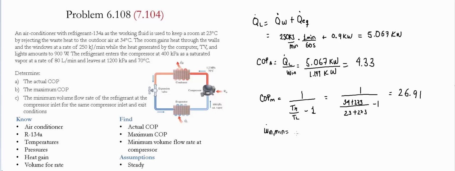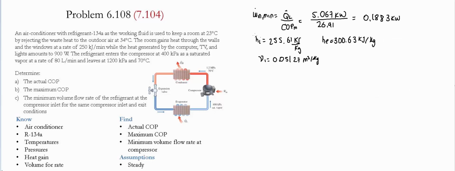So we evaluate it as Q dot L divided by the maximum coefficient of performance: 5.067 kilowatts divided by 26.91, and we find that the minimum power required is equal to 0.1883 kilowatts.